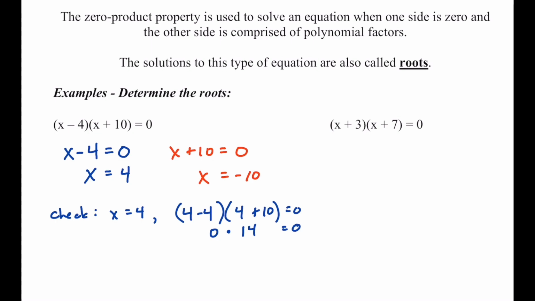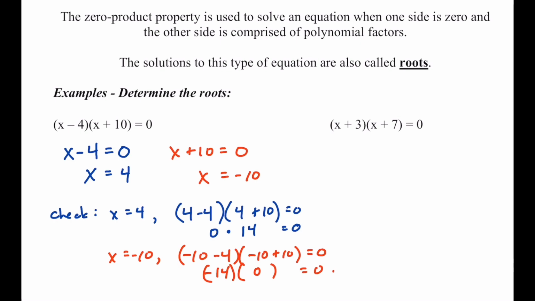Now if I checked x equals negative 10, I would have negative 10 subtract 4 times negative 10 plus 10. I get negative 14 times 0 equals 0, and they both check out. This equation has two solutions.